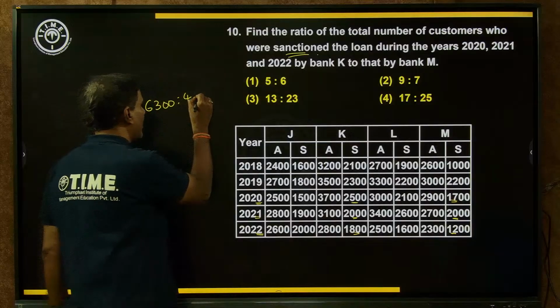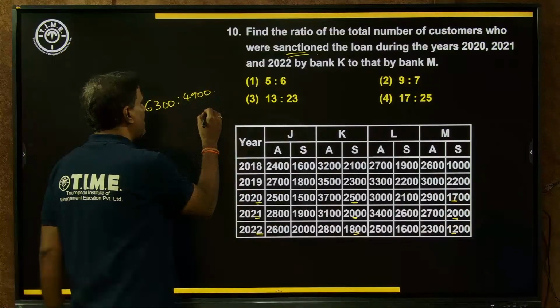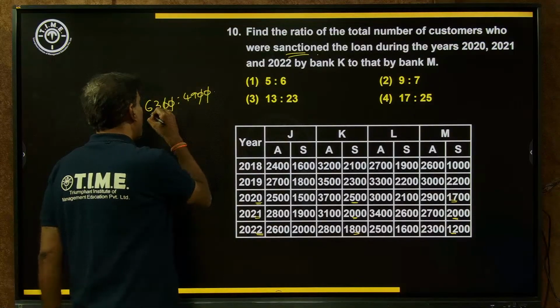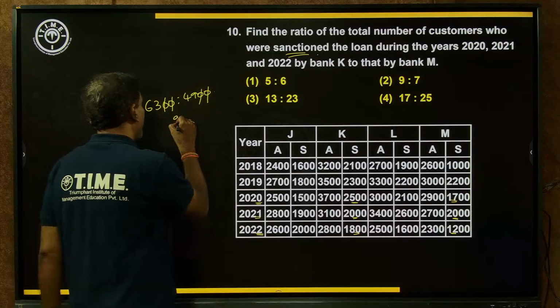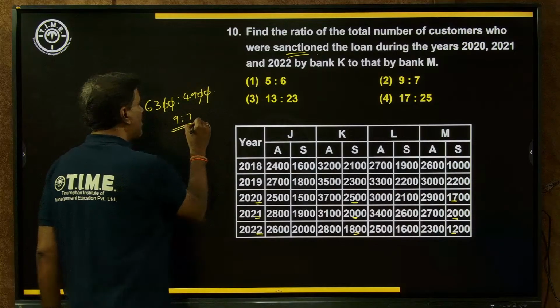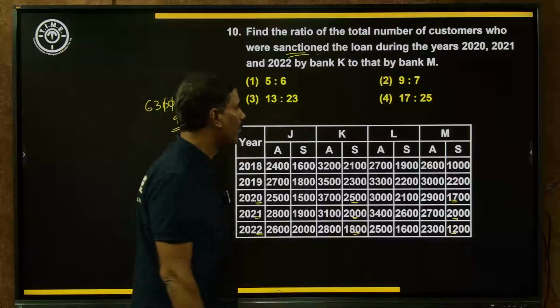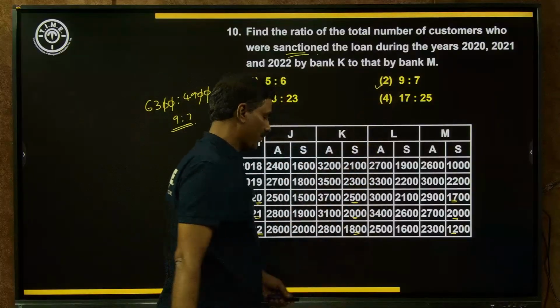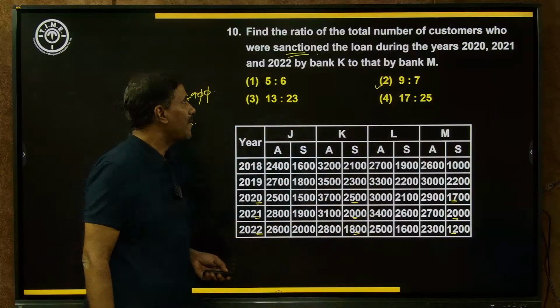So 4900. Cancelling the zeros on both sides, 63 is to 49. 7 9s, 7 7s. Answer should be 9 is to 7. One more easy question. Choice 2. Right. Let's look at the next one.